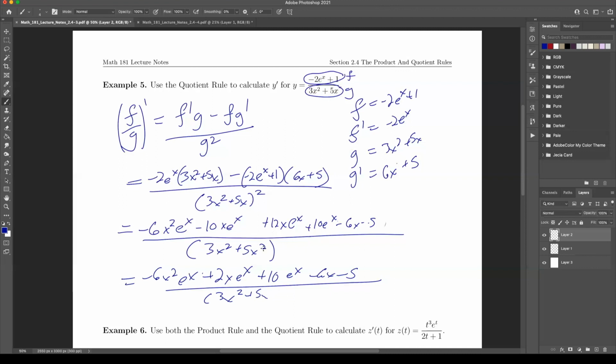Oops, I had this in the wrong spot. Yes, it was in the wrong spot.